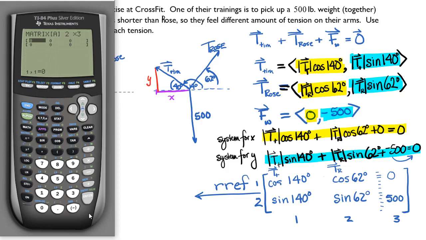Then I'll enter the values given: cosine of 140, cosine of 62, 0, sine of 140, sine of 62, 500.